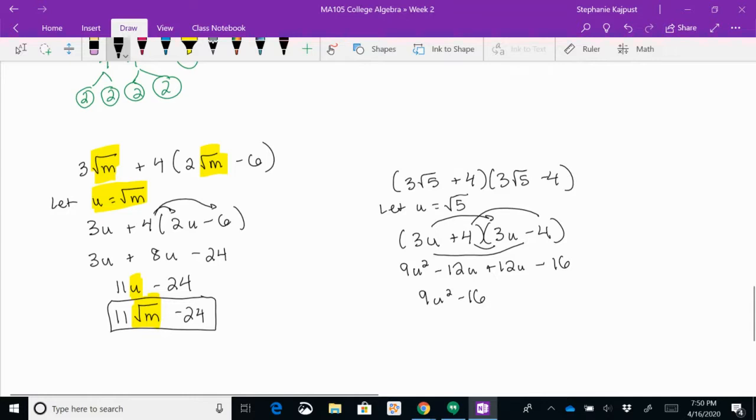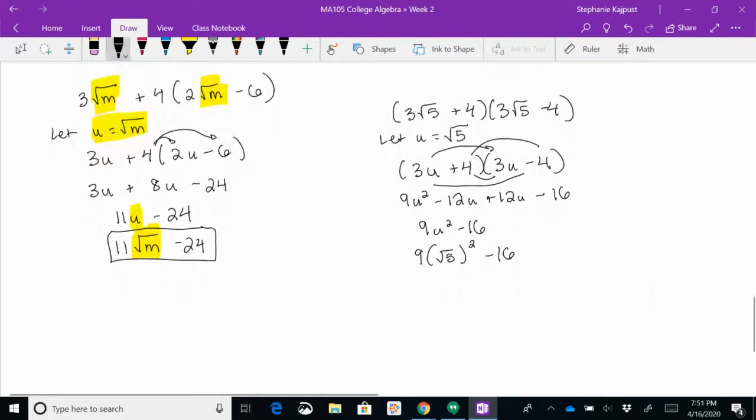You get 9u squared minus 16. Then you go back and you say, okay, I'm going to replace my u with the square root of 5. So this is where it gets a little trickier. But when we square a square root, those cancel. This 2 cancels out our square root symbol.